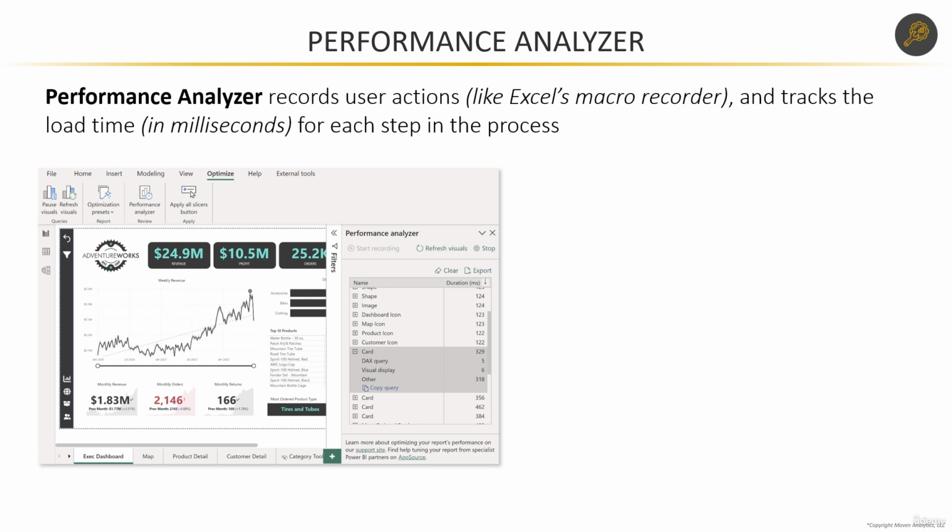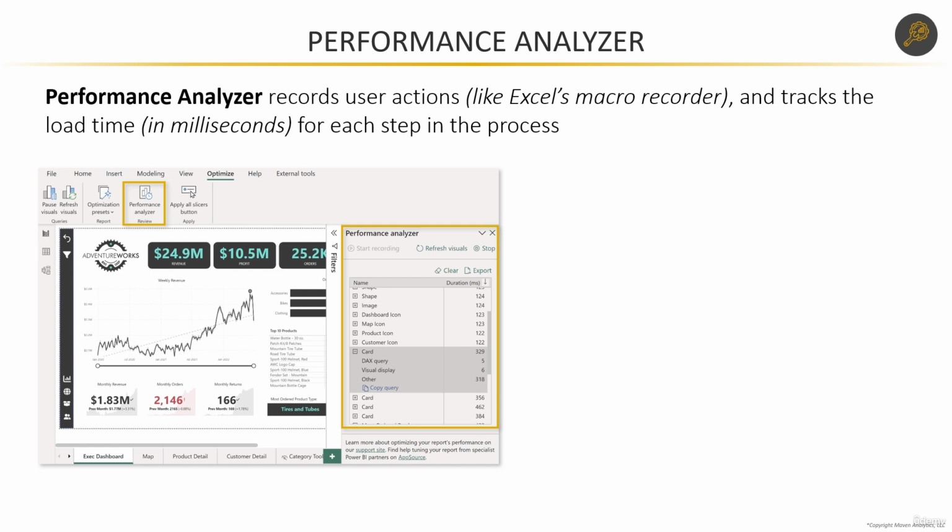The Performance Analyzer tracks the time in milliseconds for each action and then groups those actions into distinct buckets: the query load time, the visual load time, other tasks, and then you'll have a specific line item for direct query visuals if a direct query connection is present. So looking at this Performance Analyzer image on screen, we can see here the output of each of these steps.